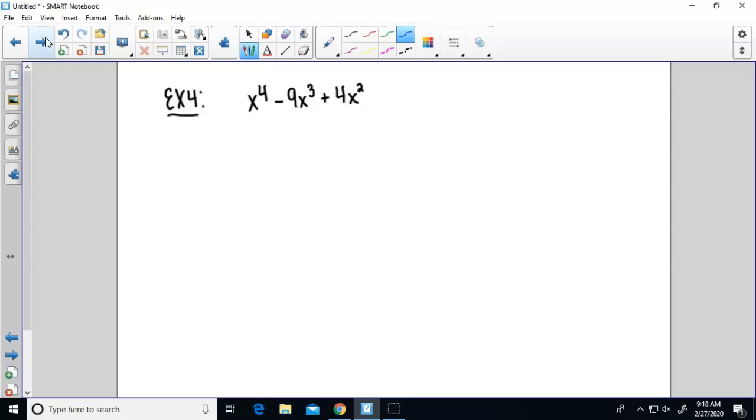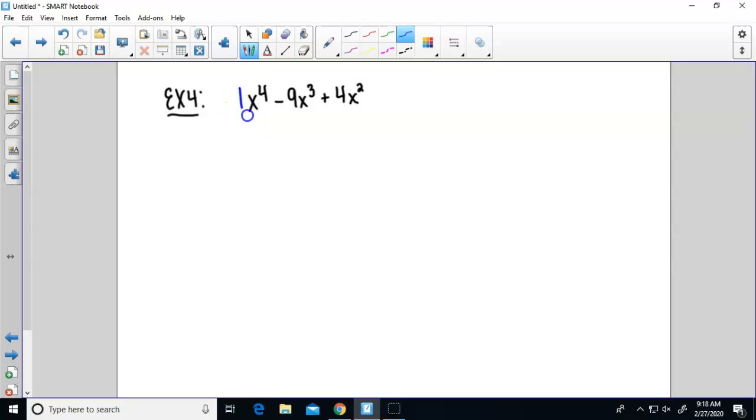I'm going to answer that question two ways. First, let's look at example 4. Do you have a number that will go into, there's not a number here, but it would be a 1. 1, 9, and 4. Now, other than 1, and 1 doesn't do anything, right? So nothing goes into that except for 1. So you don't have a coefficient that's the greatest common factor. But if you look at your x's on this one, do you have x's with every term?